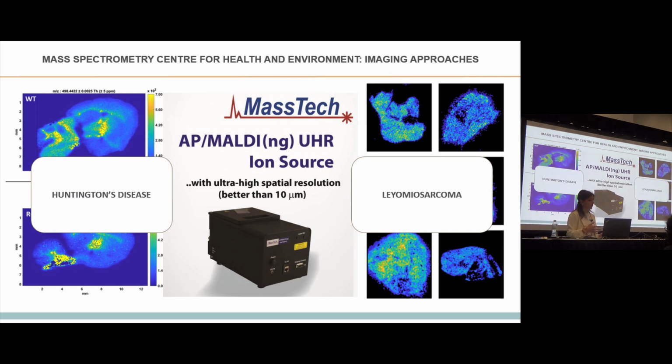In the second case, the use of imaging mass spec for pharmacokinetic studies allows us to see the distribution of the drug, not only the concentration in tumors, but the distribution and penetration of the drug at the target site.